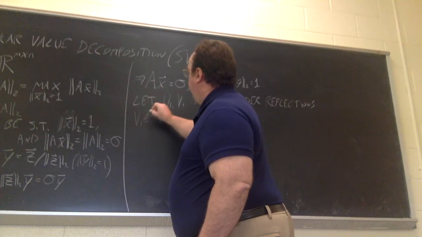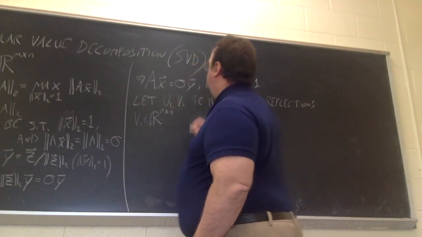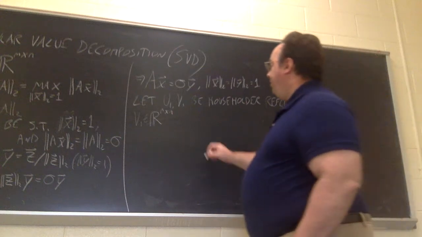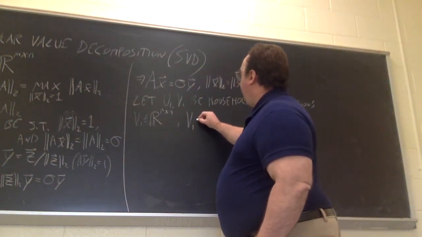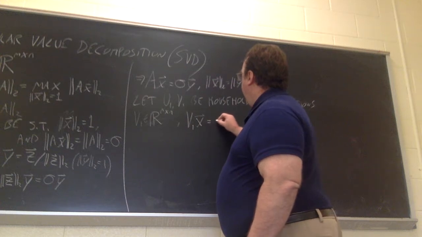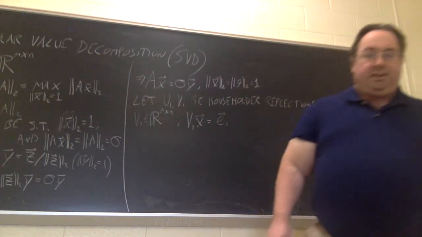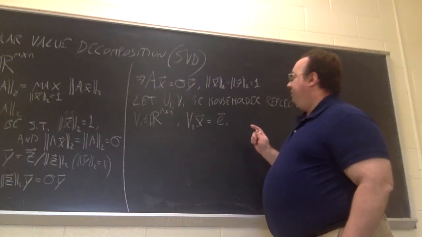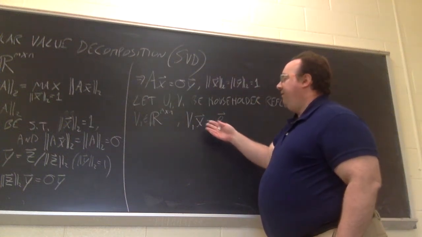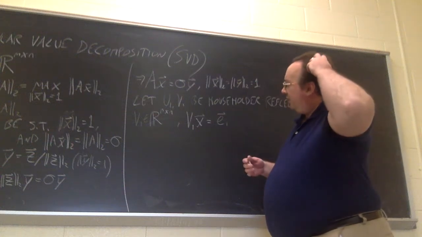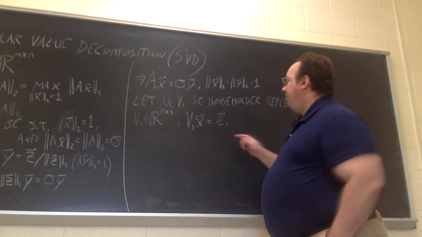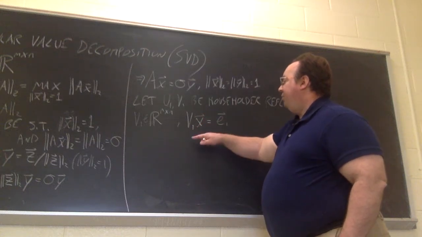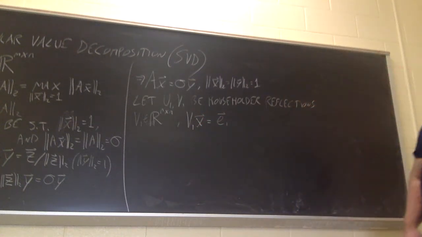So V1 is an n by n matrix, and it's chosen so that V1 times x is equal to e1. When I covered Householder reflections for QR factorization, we were given some vector, like a column of A or part of a column of A, and we figured out how to make a Householder reflection that, when multiplied by that vector, gives you a multiple of e1, plus or minus.